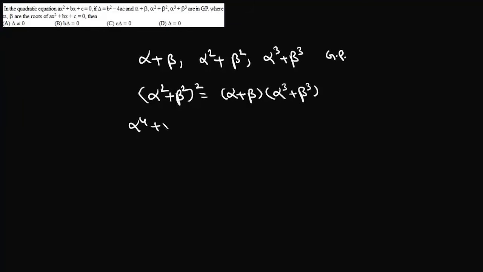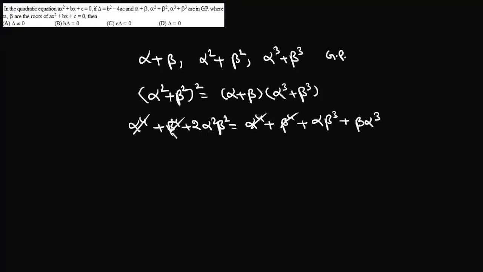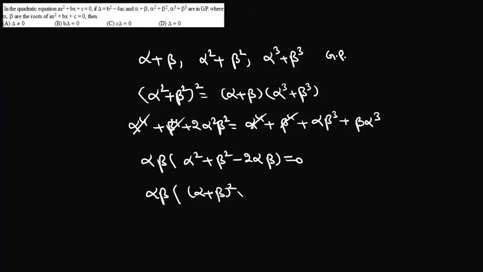Now this is alpha to the power 4 plus beta to the power 4 plus 2 alpha square beta square, and there will be alpha to the power 4 plus beta to the power 4 plus alpha beta cube plus beta alpha cube. Now alpha to the power 4, beta to the power 4 will cancel, and from everything we'll take alpha beta common, so it will be alpha beta, and then we'll have alpha square plus beta square minus 2 alpha beta equals 0, or we can write alpha beta into (alpha plus beta) whole square minus 4 alpha beta, it should be equal to 0.